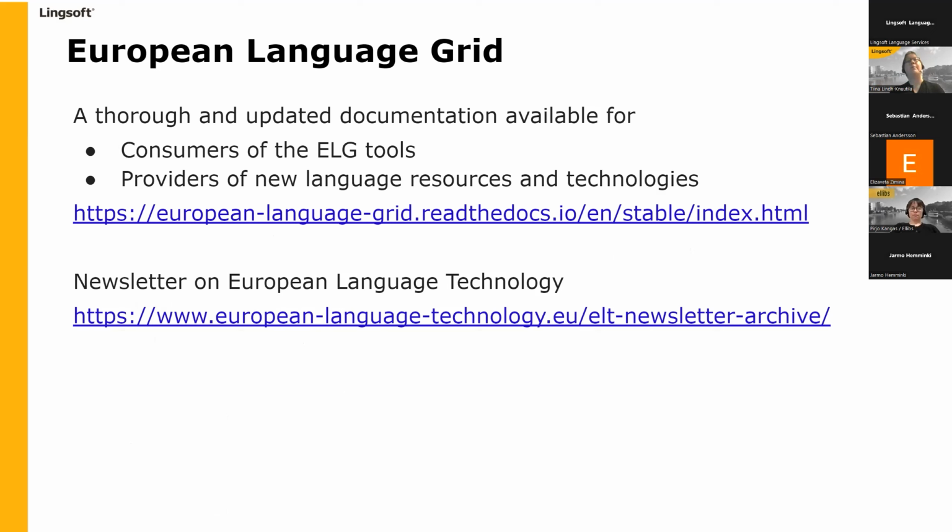And then the European Language Grid team, along with the European Language Equality team, also publish, I think it's a bi-monthly newsletter on European language technology. So here in the link, there's the archive, but you can also order it. And they have interesting news about both the EU side of things on NLP and general things as well.